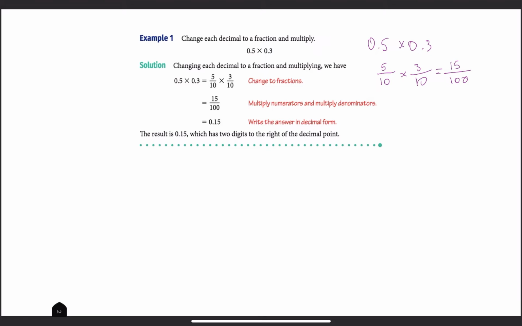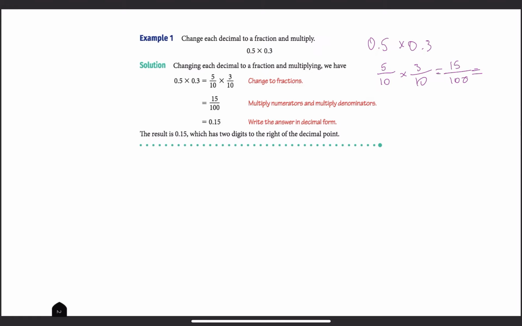But if we wanted to write this as a decimal, it'll be straightforward because decimals are always in powers of 10, hundredths, thousandths, so we're always going to end up with a power of 10 as our denominator. So we're always going to be able to write this as a decimal.